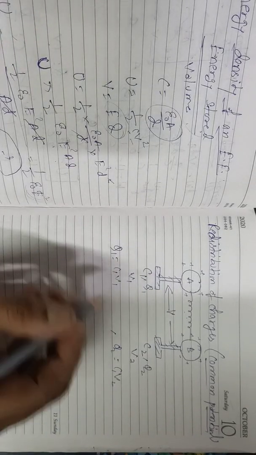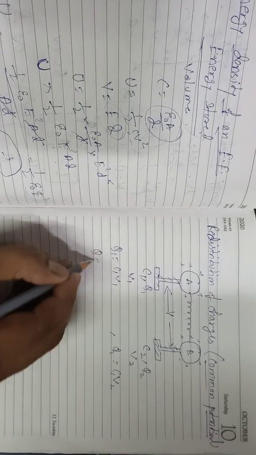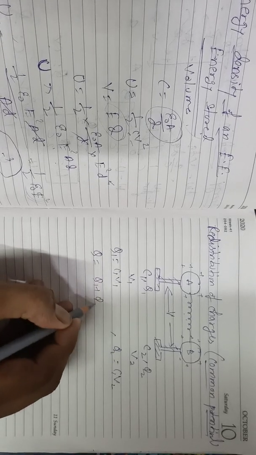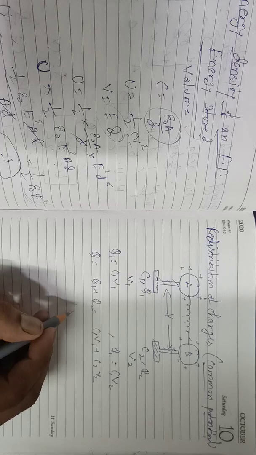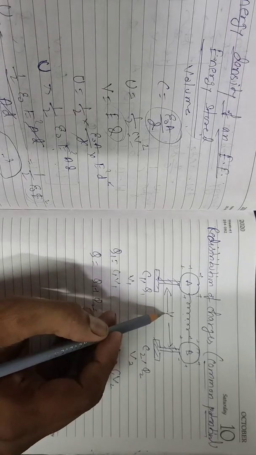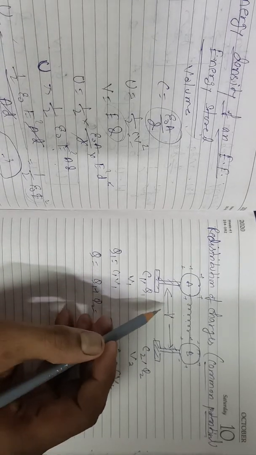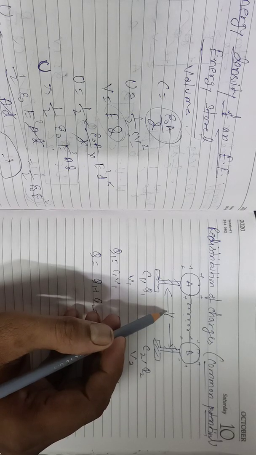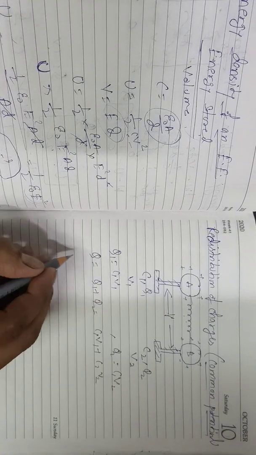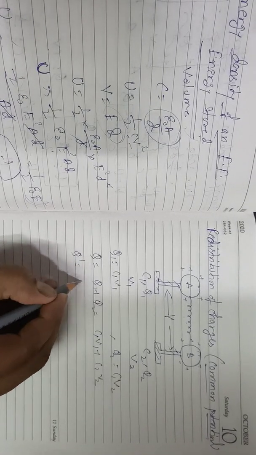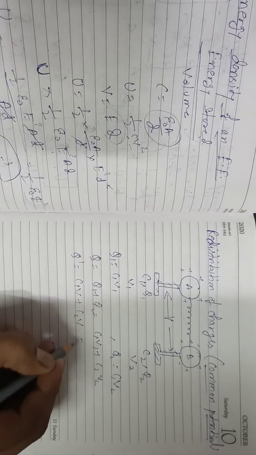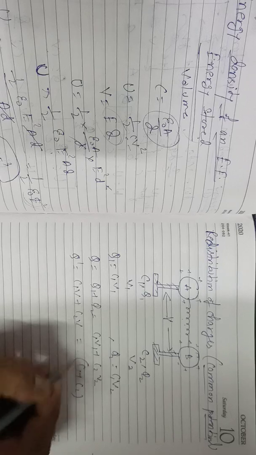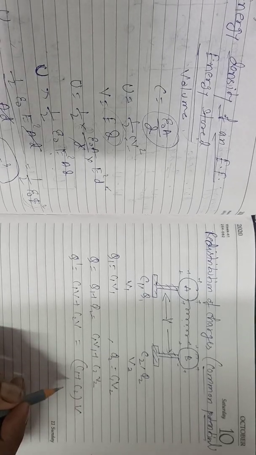The total charge will be Q1 plus Q2, that is C1 V1 plus C2 V2. If V is the common potential on sharing charges, then the total charge will be C1 V plus C2 V, or we can write C1 plus C2 and take V common.